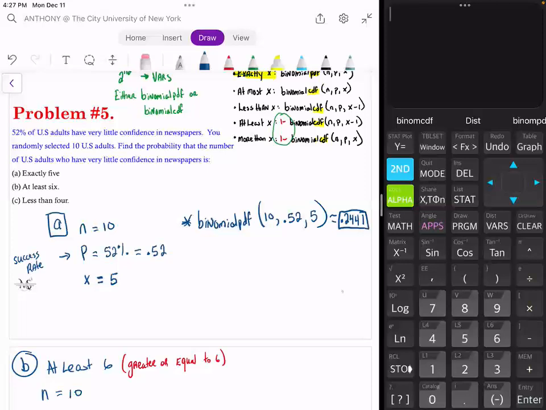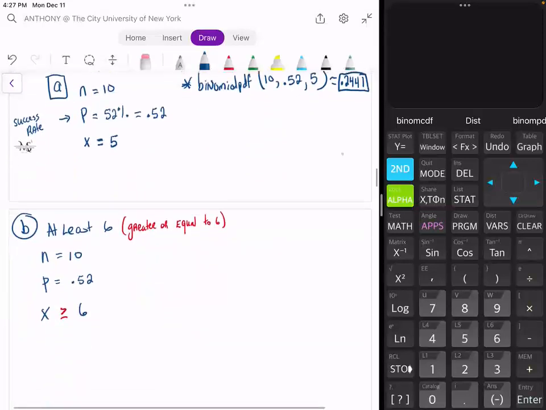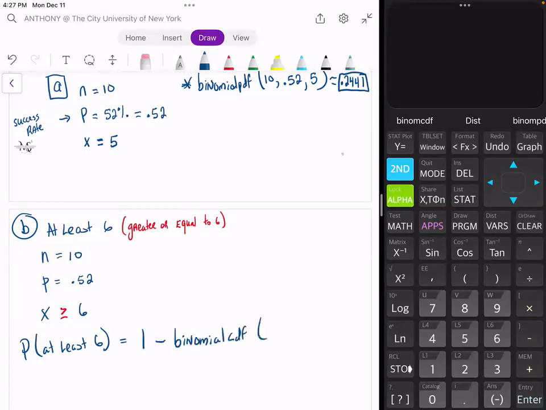Let me write out that command with our values and I'll explain it. So what we have is that the probability of getting at least 6 is equal to 1 minus binomial CDF of the value of N, which is 10, comma, the value of P, which is 0.52, comma, the value of X minus 1.